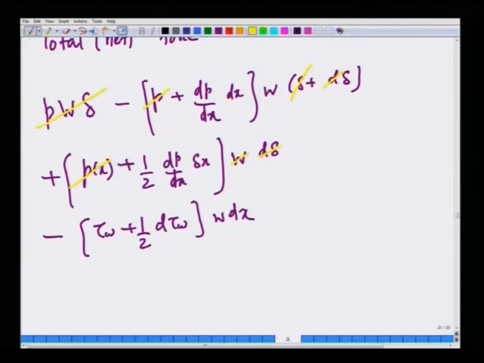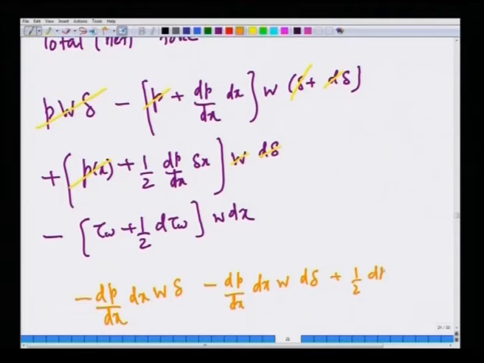So, we will write this down again, minus dP dx dx w times delta minus dP dx dx w times d delta. And then you have plus half dP dx dx w times d delta.